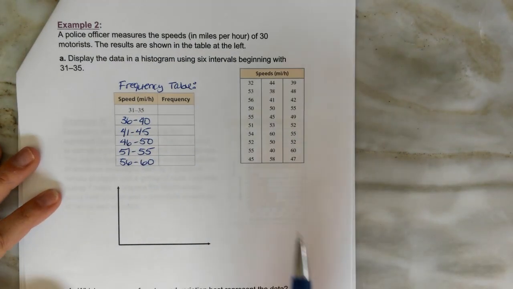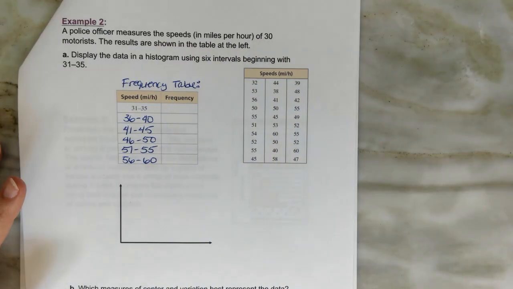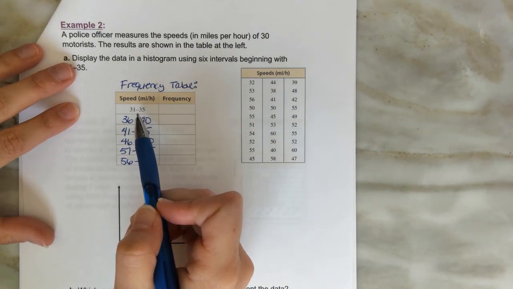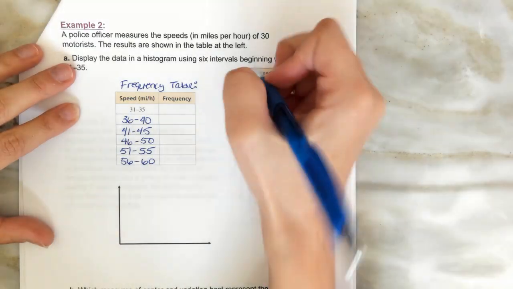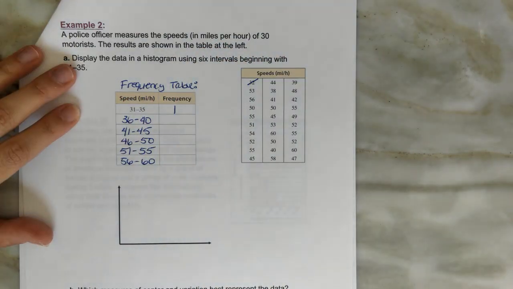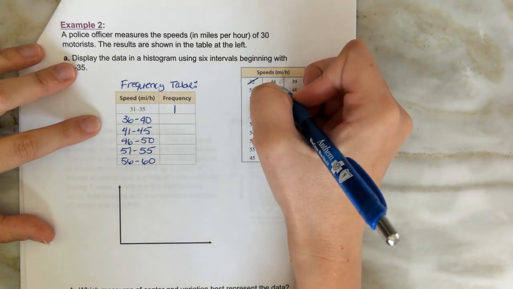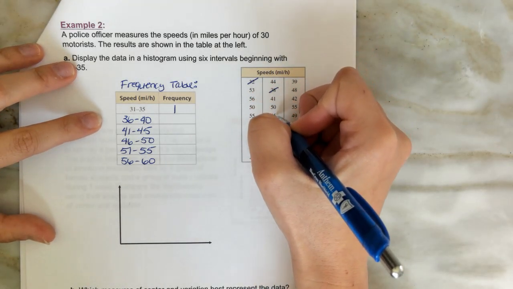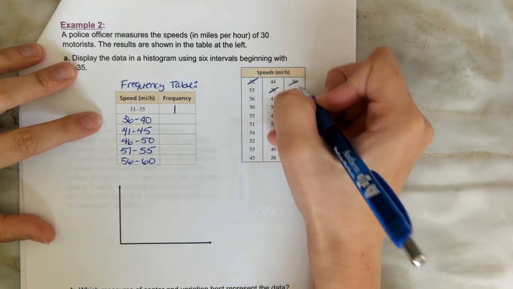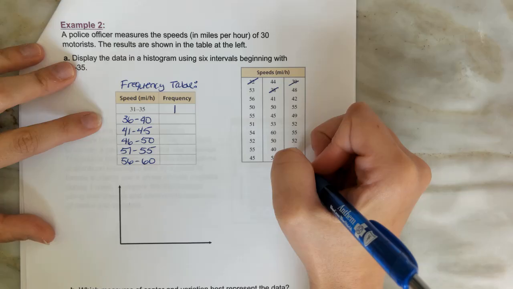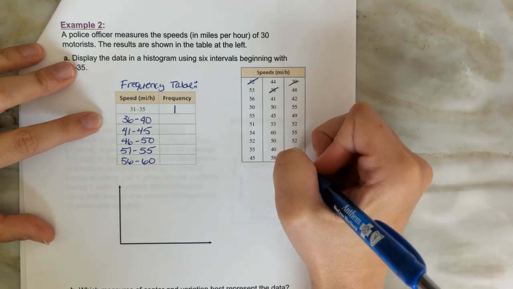Now what we're going to do is use our table to figure out the frequency. How many people were driving from 31 to 35 miles an hour? And it looks like 1. How many people were driving 36 to 40 miles an hour? 1, 2, there should be 3.